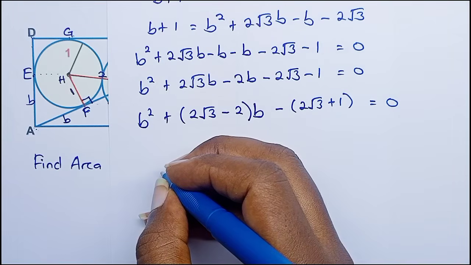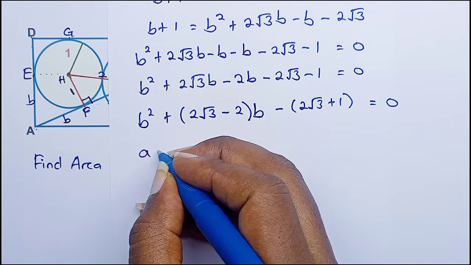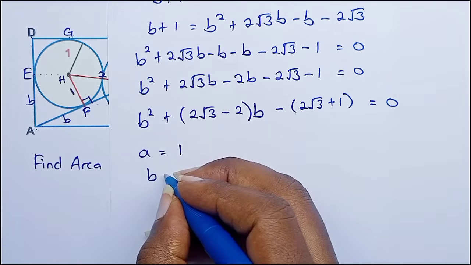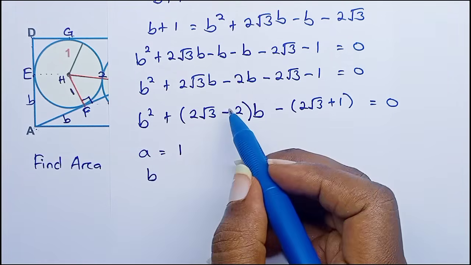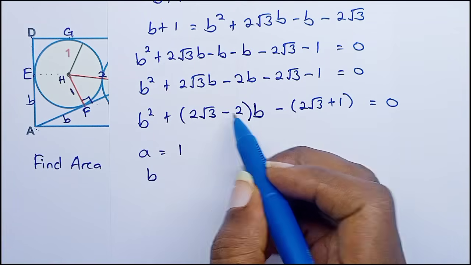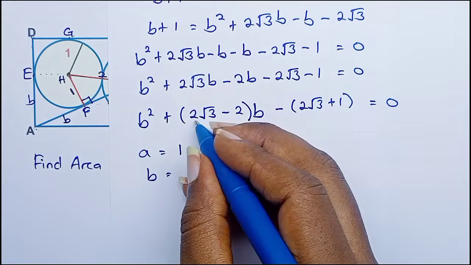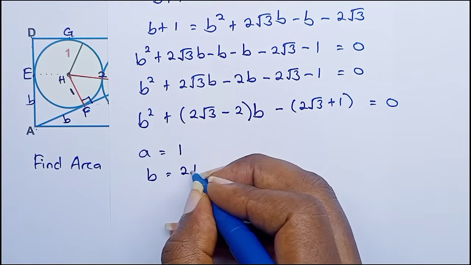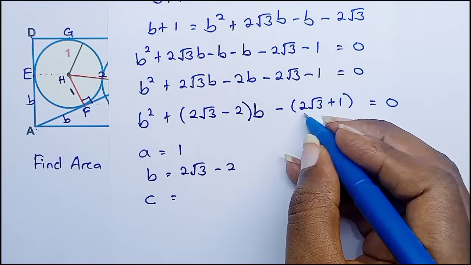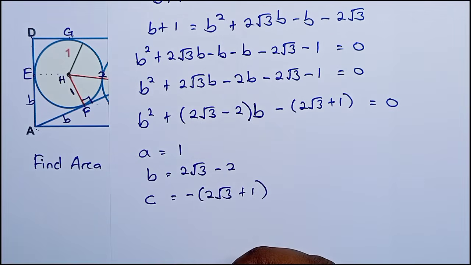So our A value is 1, our B, which is not this B, so B is the value for the coefficient, not implying this B. So B is this here, 2 root 3 minus 2, and C is this one, negative 2 root 3 plus 1.